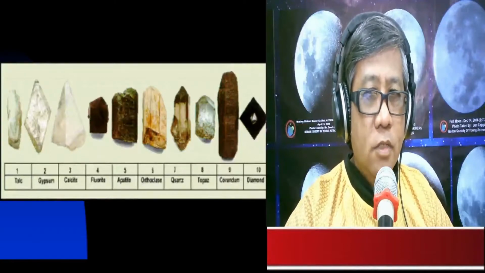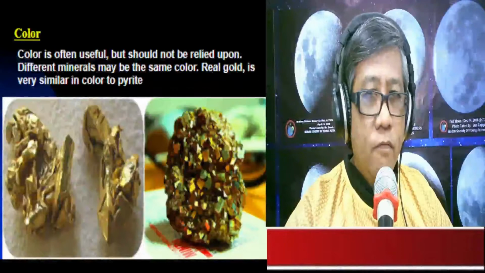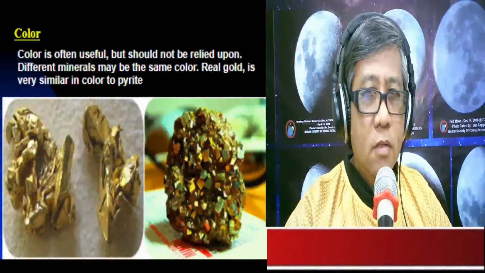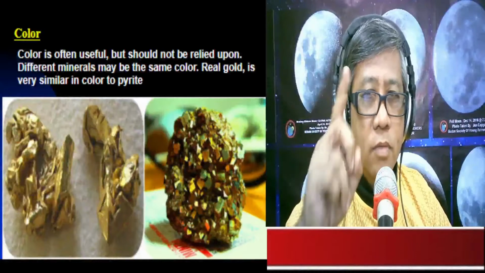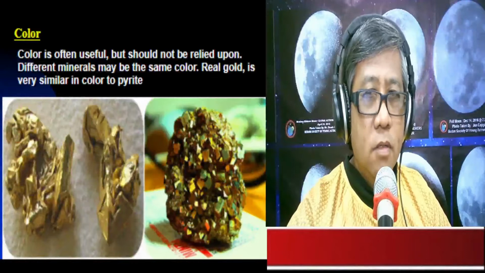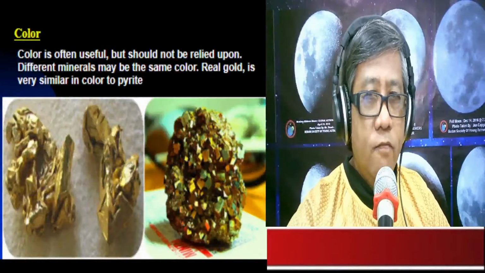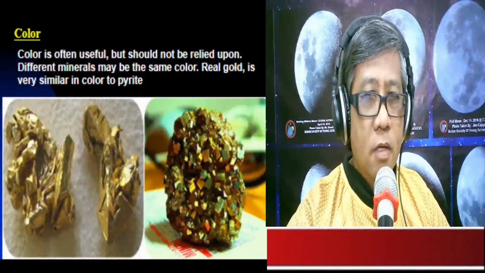Now another physical property exhibited by minerals is color. Now color is often used by mineralogists in identifying minerals but should not be relied upon. Why? Because different minerals may exhibit the same color, like for example gold and pyrite.